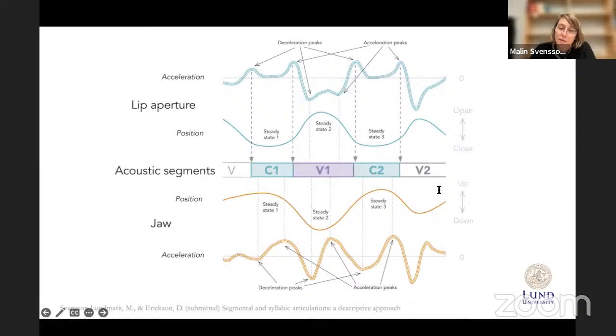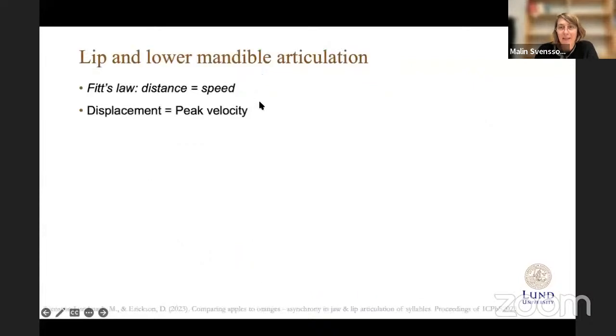Also, there are some very different movement dynamics, some differences between the segmental articulators of the constrictions in comparison to the jaw. They just seem to be behaving differently. And this is very interesting to me. What we have tried to do is separate the lips from the jaw, and we can see that they act quite differently as well.